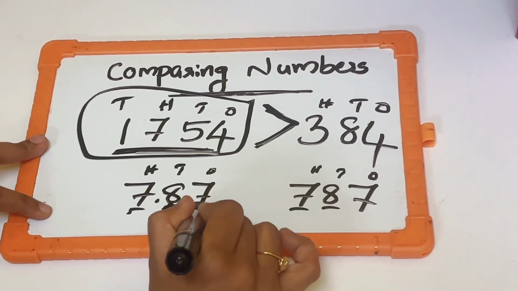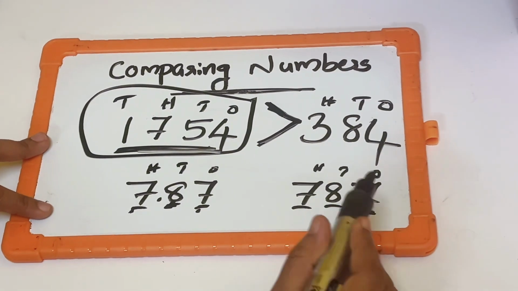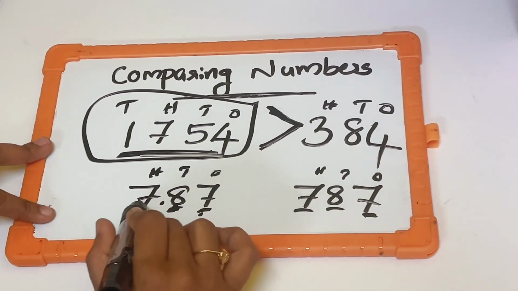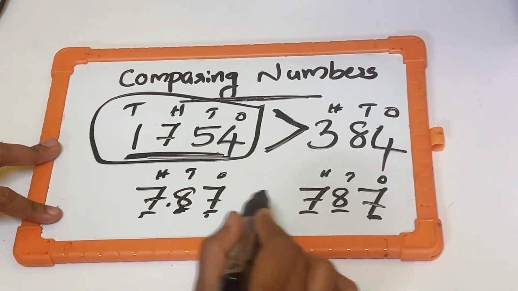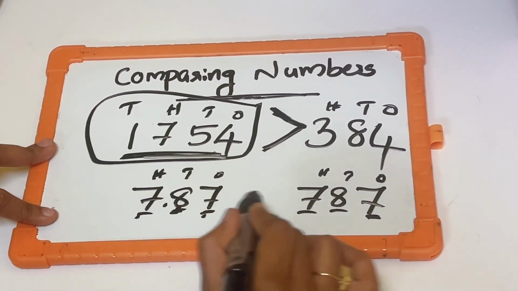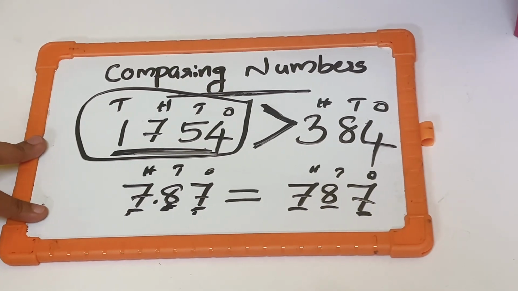Here it's 7 and 7, which is also the same, right? So each digit in each position, ones, tens and hundreds, is the same. That means the numbers are the same, so here we use the equal to symbol.